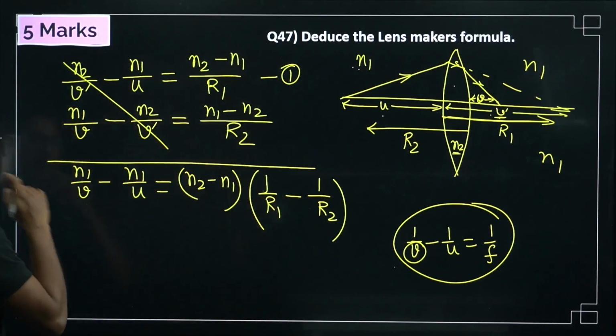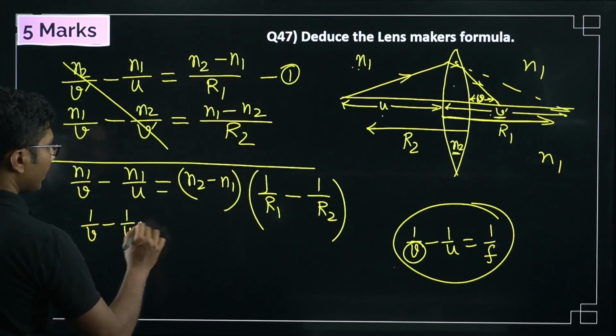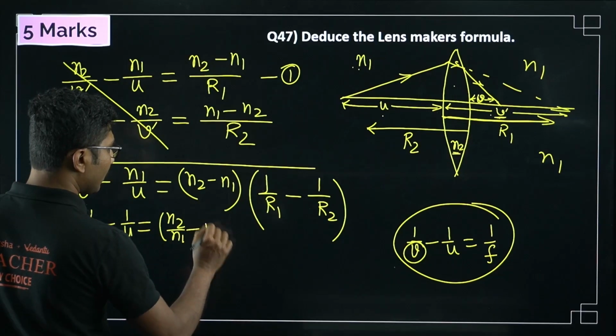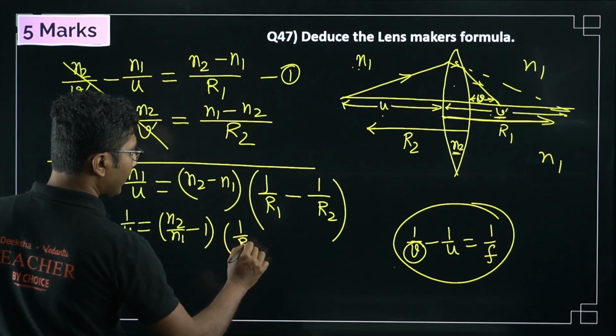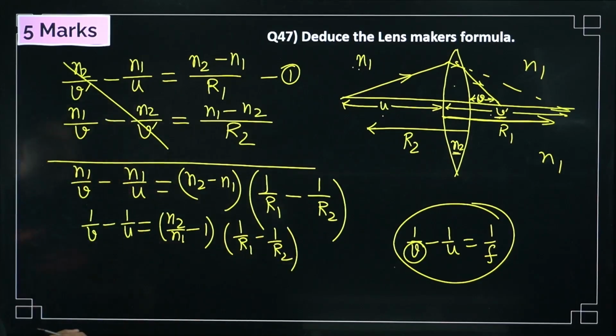So this is the final formula: 1 by v minus 1 by u equals (n2 by n1 minus 1) times (1 by R1 minus 1 by R2). Now this is not yet over.